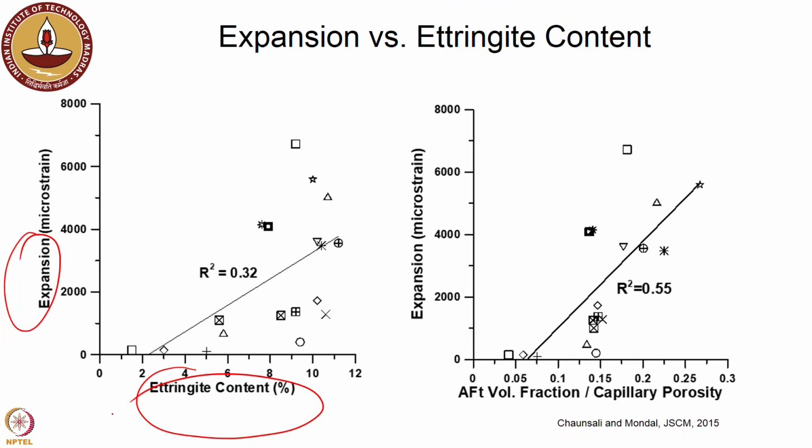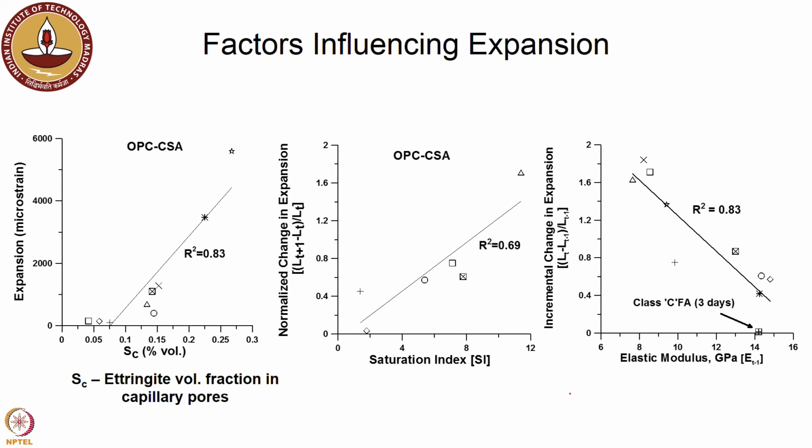So, you see these are the data points, each data point is one mix, right. But same Ettringite content, if it is plotted this way, when you normalize it by capillary porosity, you see a better correlation, right. We will come back to this point, why we did this, but same thing, if we know the volume fraction of Ettringite and we know the capillary porosity, the correlation improves.